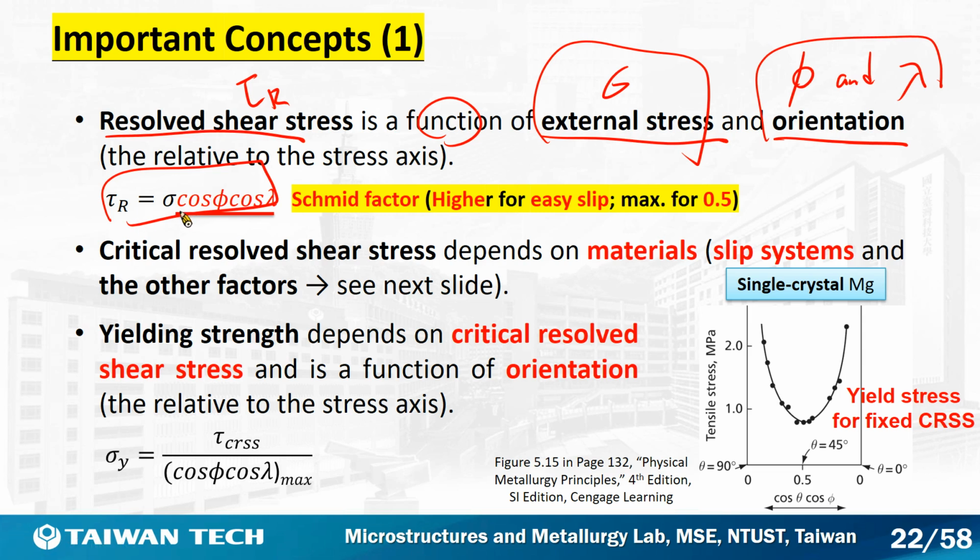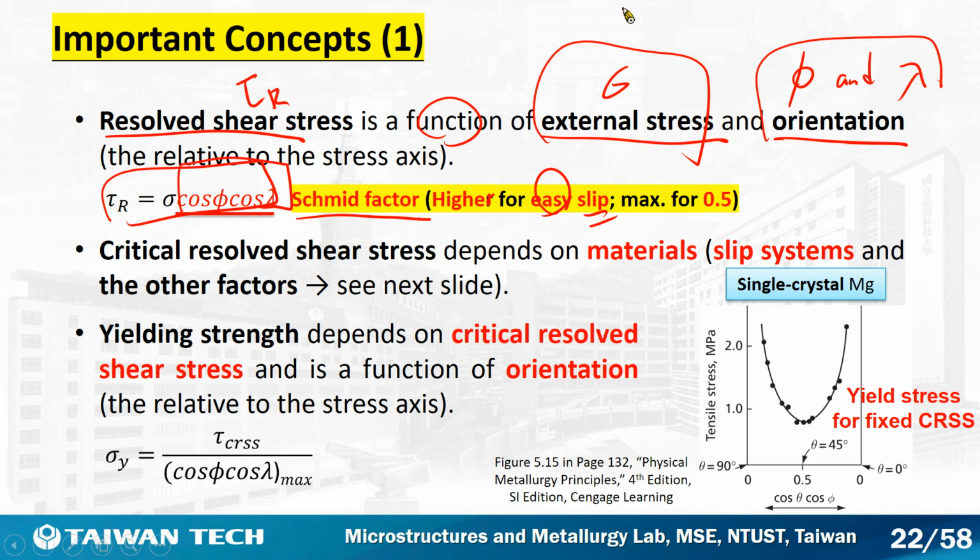And for this cosine phi cosine lambda, we have a name for it. This is called the Schmid factor. If this factor is higher, it means that if you use the same external stress, you will get a higher tau R, so it will be easy for slip.